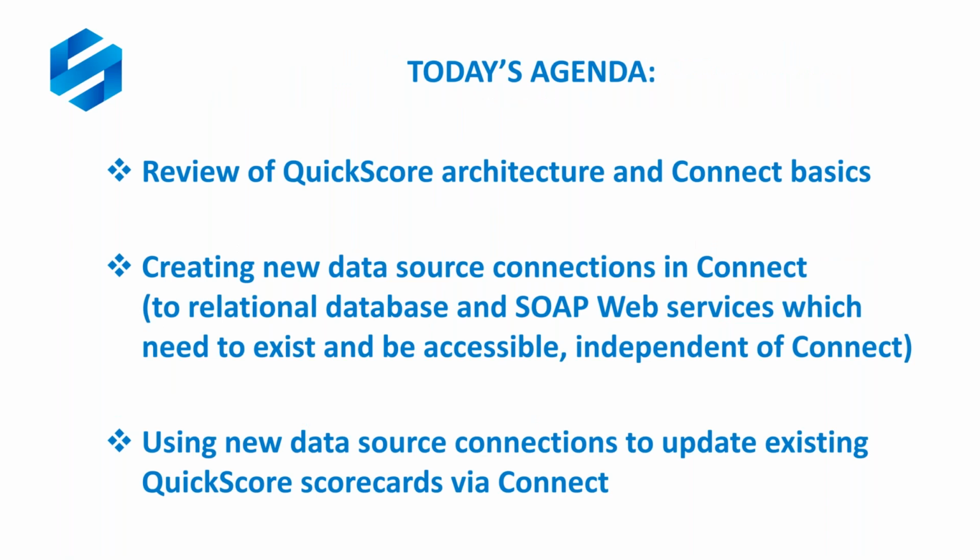Okay, before we move on, the last agenda item, I just want to share that one with you, just to remind you where we're going, is using the new data source connections to update existing QuickScore scorecards via Connect. I know we haven't even shown you yet physically or live how to create a new data source, but once I've got a data source created, I'm going to turn around and employ it immediately to update a scorecard within QuickScore, via Connect.